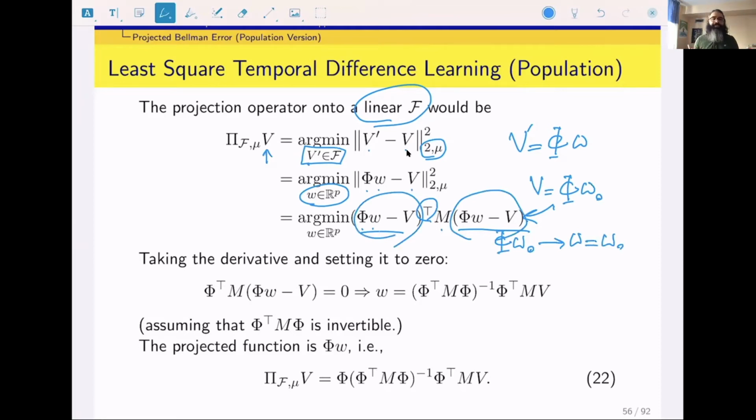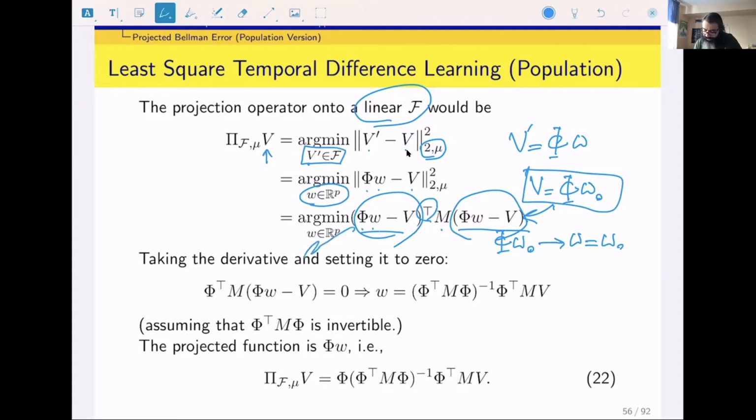But if V is not of the phi W0 form, so it does not belong to that function space, then the minimizer does not necessarily have a value of 0. Okay, so we have this form.